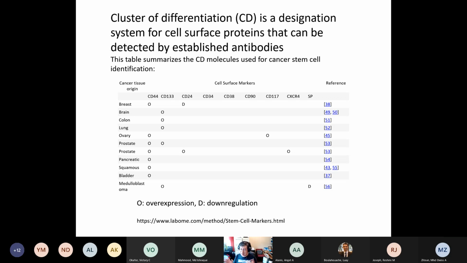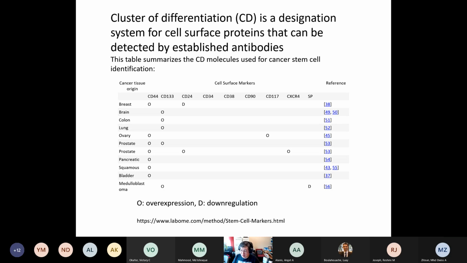There is an international organization that names the cell surface proteins by giving them a number, like CD1, CD2, CD3, CD4. The cell surface protein will have its original name, like c-Kit. c-Kit is the name of a cell surface protein, and this organization will rename c-Kit to be CD117, for example, right?